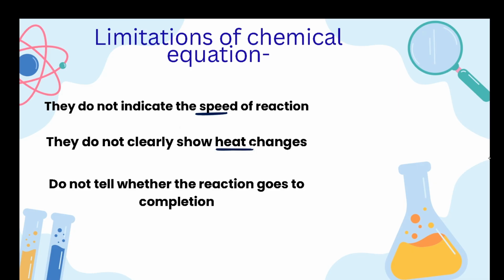Then heat changes, in terms of whether the reaction is exothermic or endothermic, whether the heat energy is absorbed or released, may also not be specified, and they do not tell whether the reaction goes to completion, whether the reaction is complete or not. So these are certain limitations of a chemical equation.